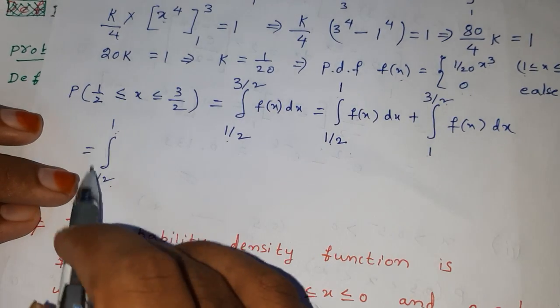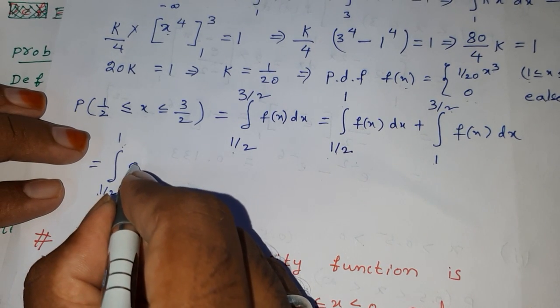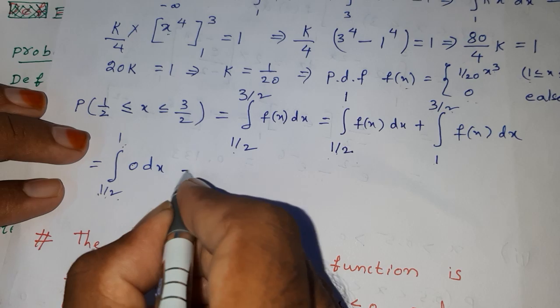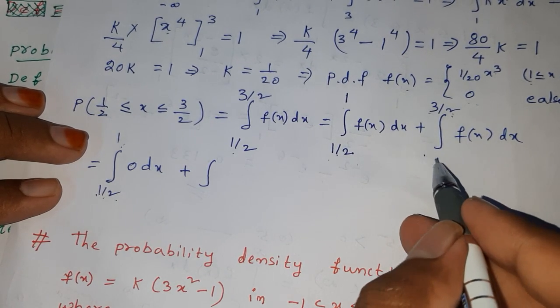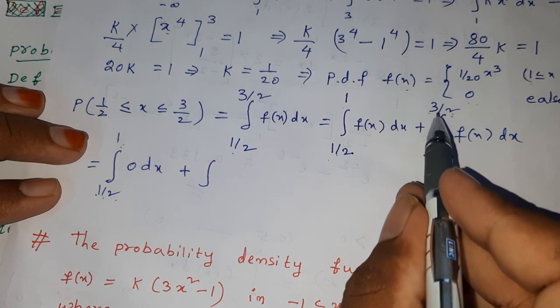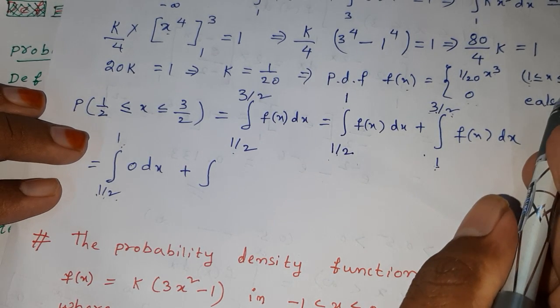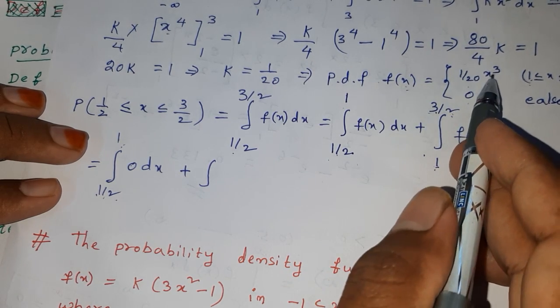Here x is from 1/2 to 1, f(x) is defined as 0 dx, plus the integral from 1 to 3/2, that is x is greater than 1. X belongs to 1 to 3/2, and here f(x) is defined as 1/20 x cube.